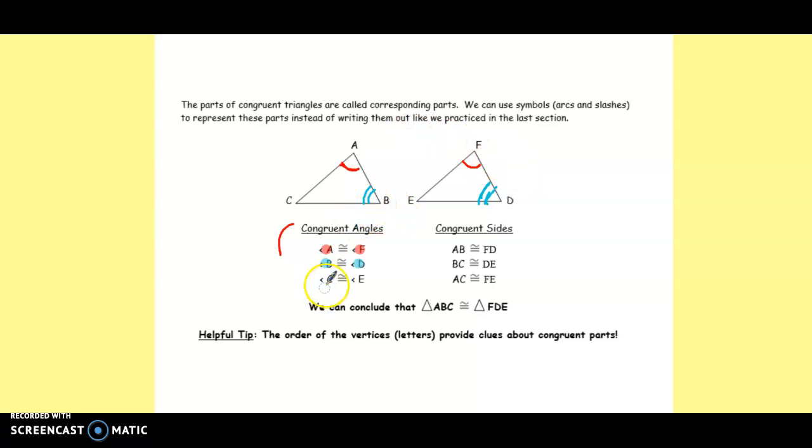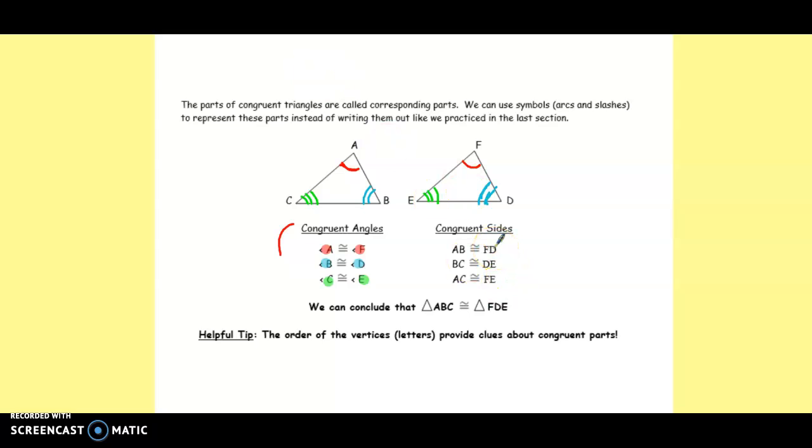When we get to the next set, B and D, we want to use two arcs so that we know specifically that those blue angles are what are equal to each other. Then if we look at the third one, it says C and E are congruent, so C and E. And again, we're going to be using those arcs, but we already used one, we used two, so the next one is 3. That's how we label our angles.